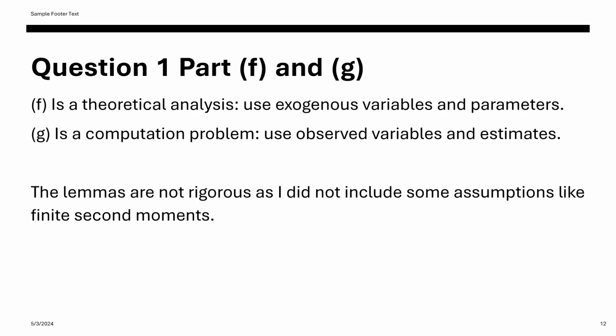Technically, epsilon is not observed, but you can estimate beta first, then use beta to calculate the residual, and then use the residual in place of epsilon, then you can calculate the variance. So in part G, you have to explain those steps.